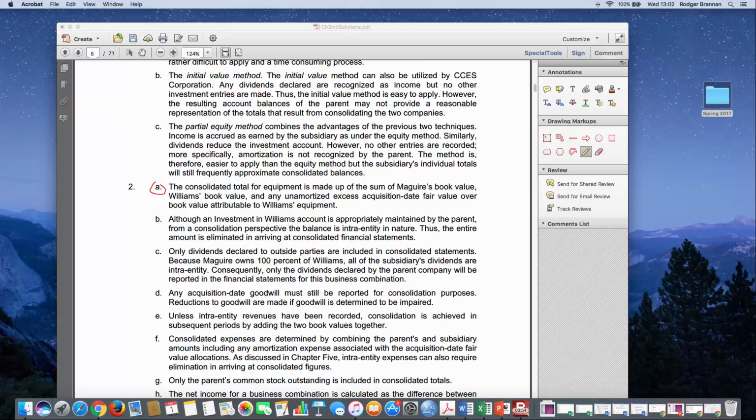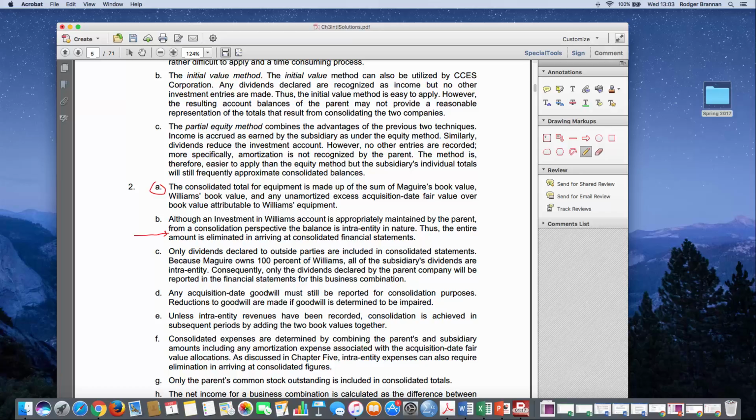Okay, the investment of the parent is always eliminated, and it's eliminated against the equity of the subsidiary. And also there would be some other adjustments to whatever fair market value adjustments might have been made for the assets that were acquired at the time of acquisition.